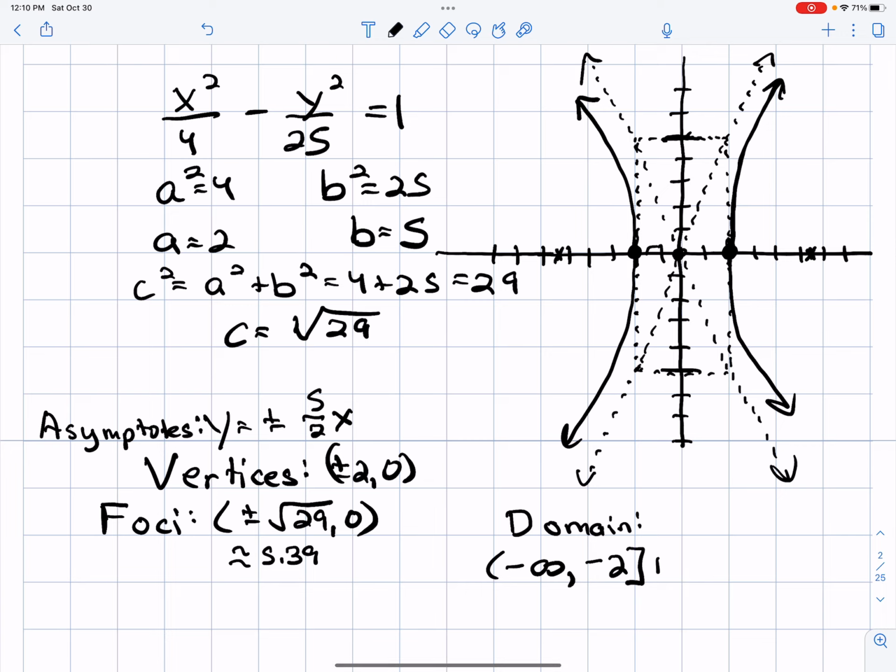Then there's that big gap. And then it picks up again at the other vertex at 2 and goes to the right forever. So 2 to infinity. And then for range, well, these curves both go forever down and forever up. So negative infinity to infinity for the range. So there you go.